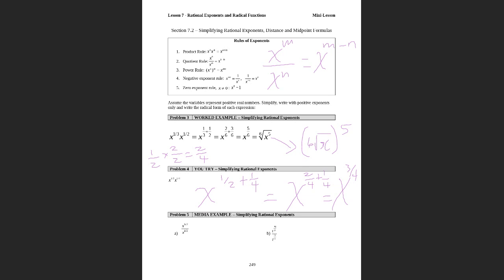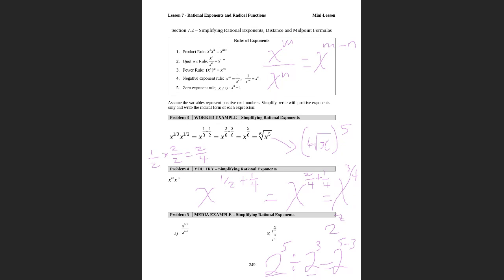This means that if I have 2 to the power 5 divided by 2 to the power 3, remember the base should be the same, 2 and 2. This gives me 2 to the power 5 minus 3, which is what? 2 to the power 2, which is 4.